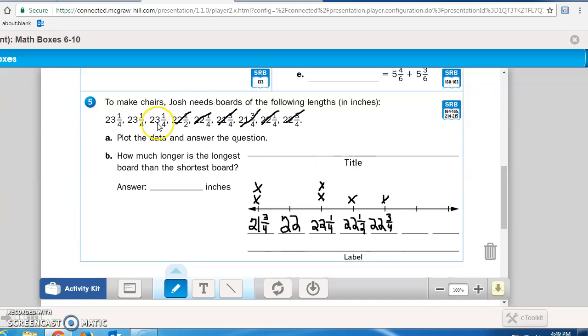Even though I notice my last number is 23 and 1/4, I'm not just going to put that here. I'm going to keep going up by 1/4, so my next number would be 23, and my final number would be 23 and 1/4. And I notice that I have 1, 2, 3 of those. So I would draw my X's here.